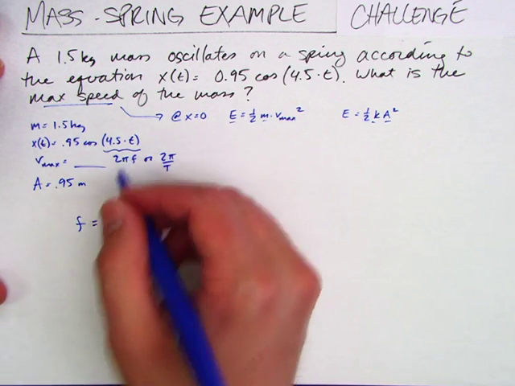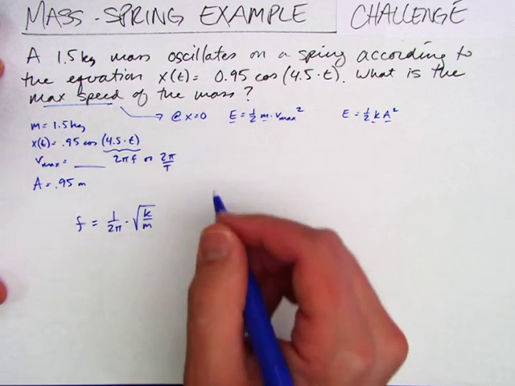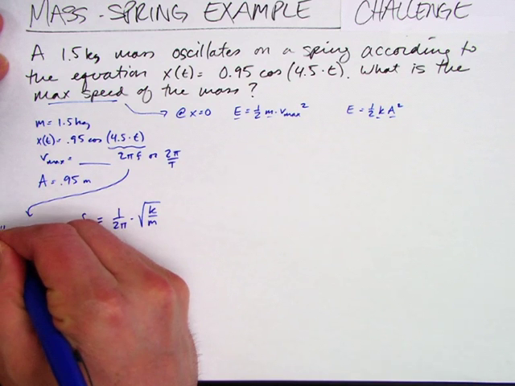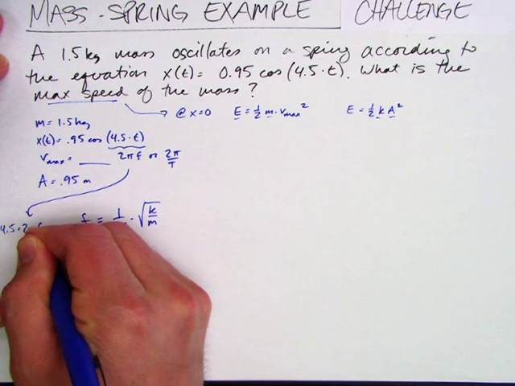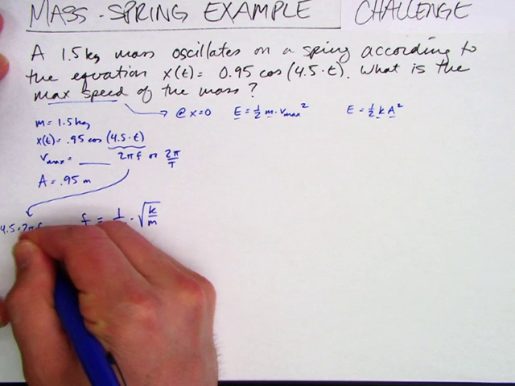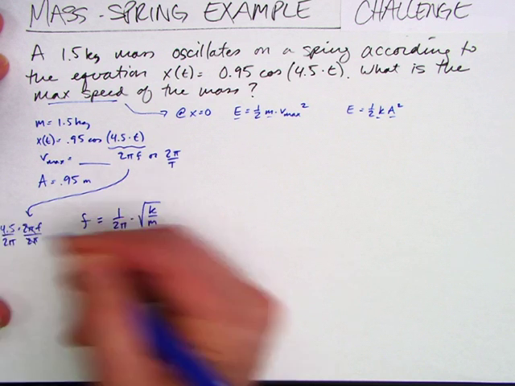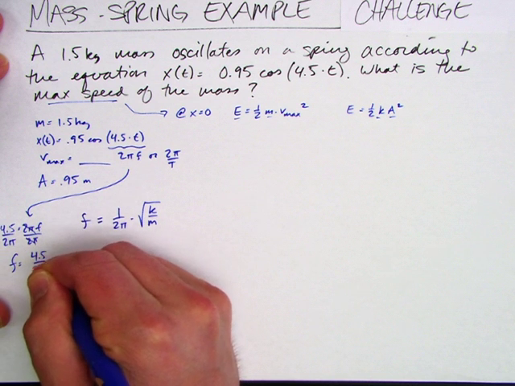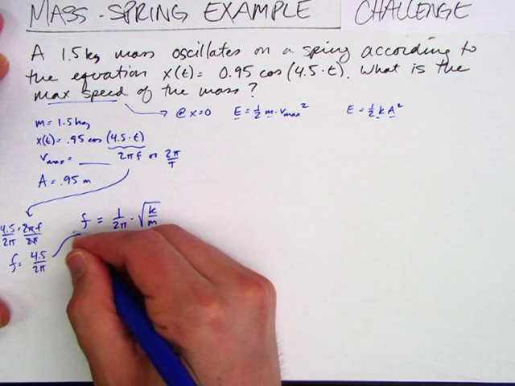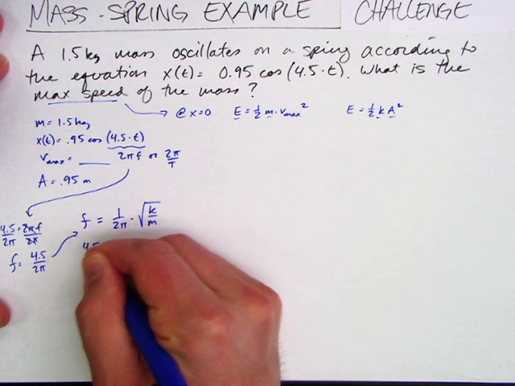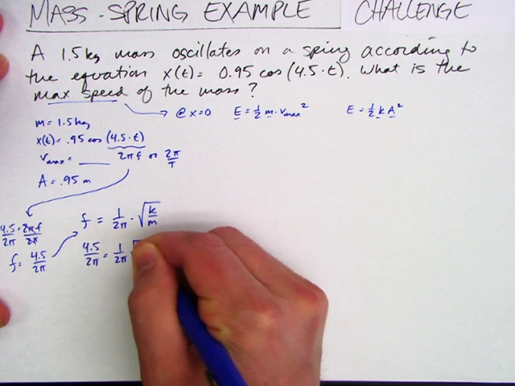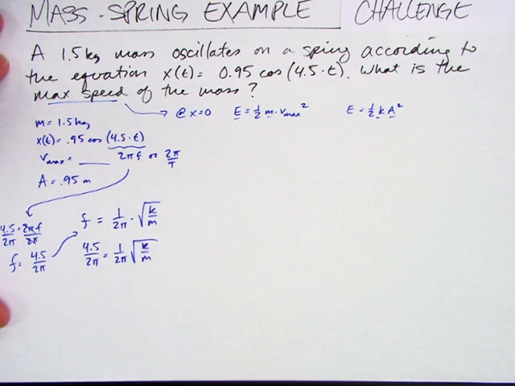From this expression, let me work this over here to the side. 4.5 is 2 pi times the frequency. So if I divide by 2 pi, I have an expression for the frequency: 4.5 over 2 pi. I'm going to substitute that in here. 4.5 over 2 pi equals 1/2 pi square root of K over M. And the 2 pi's will cancel out.